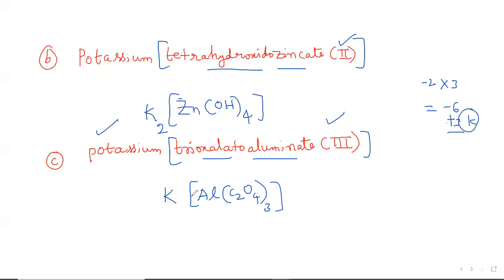So it is K3[Al(C2O4)3]. In example B and example C, the metal name ends with the suffix -ate, so definitely these two examples belong to anionic coordination compounds. Okay. Next we will see the other example.